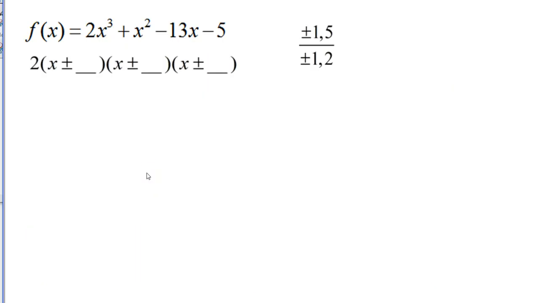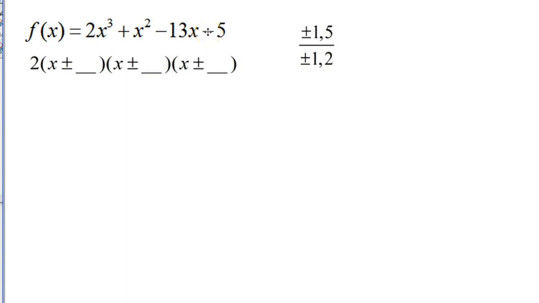Now, if you're wondering why we do factors of the constant divided by factors of the leading coefficient, think about it this way. If we have a degree 3 polynomial, we could first factor out the leading coefficient, and then we would have three factors of x plus or minus something. And we know that 2 times this constant times this constant times this constant has to equal negative 5.